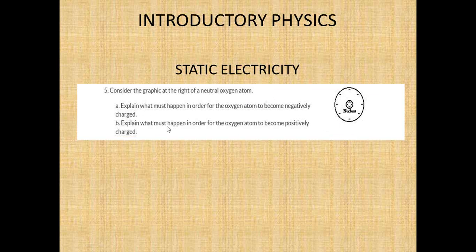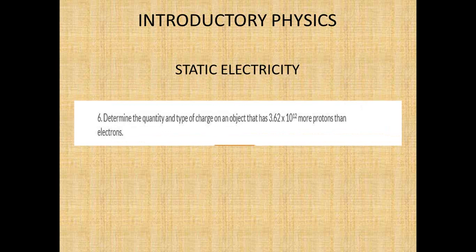Then explain what must happen in order for the oxygen atom to become positive. You have to remove electrons. If you want it to become negative, you have to add electrons. If you want it to become positive, you have to remove electrons. Okay? All right, we'll do 2 more.